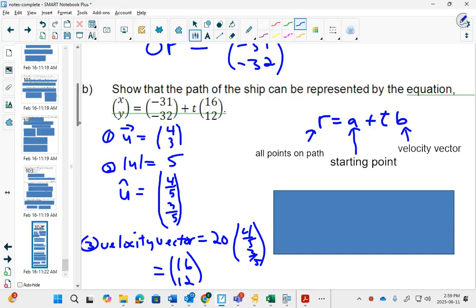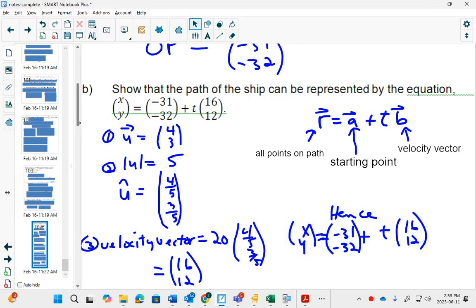So our vector equation line, all points on the path, we have our starting vector and our velocity vector, and therefore that equation does make sense.